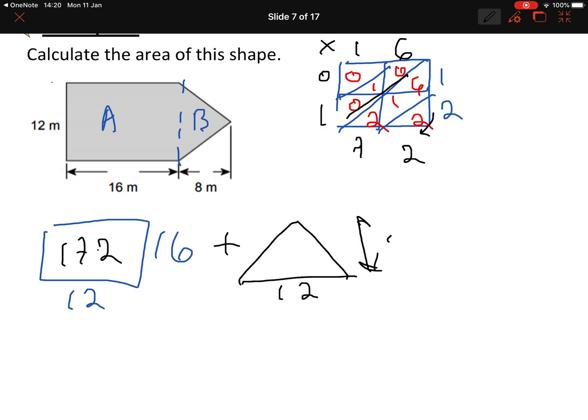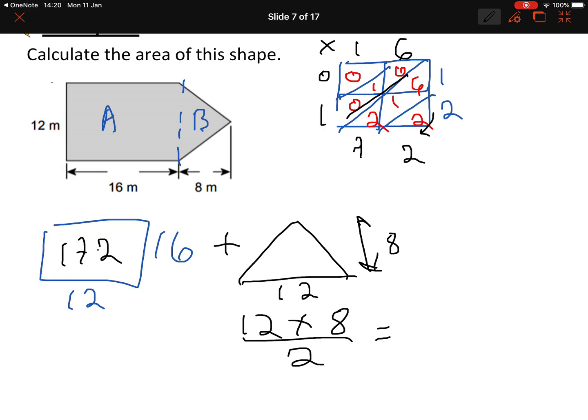We know that the height is 8. So to find it, you just do base 12 times 8 and divide that by 2.